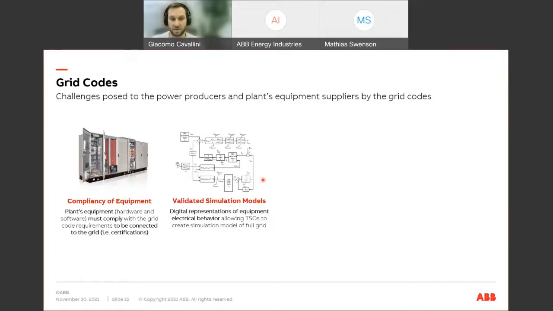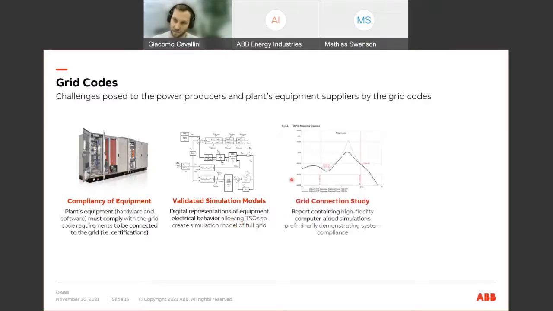This is needed because they will use these simulation models in their large network models in simulation software to evaluate beforehand what the bottlenecks of their power grid can be.